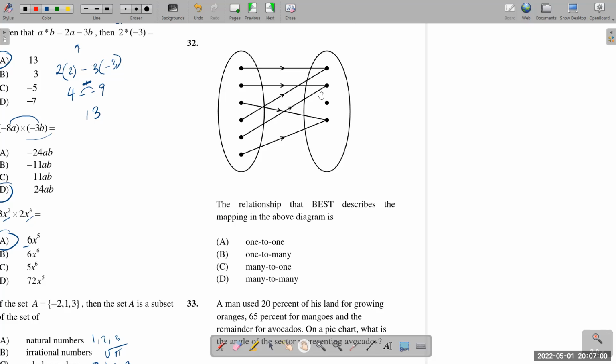This one got 2 going to it, that's many to 1. This one got 1 going to it, that's many to 1. It is not many to many. What is really many to many? It's only 3 and I'm going to teach you: 1 to 1, 1 to many, or many to 1. This is not really anything we ever really did. Okay? So the answer is C.